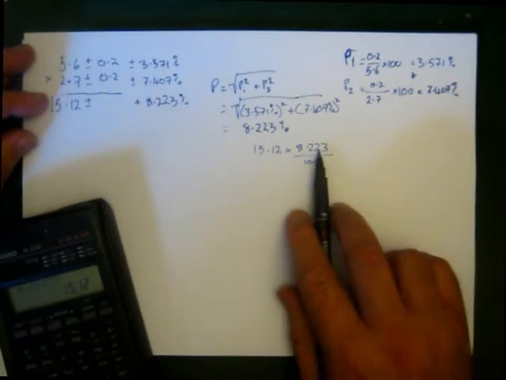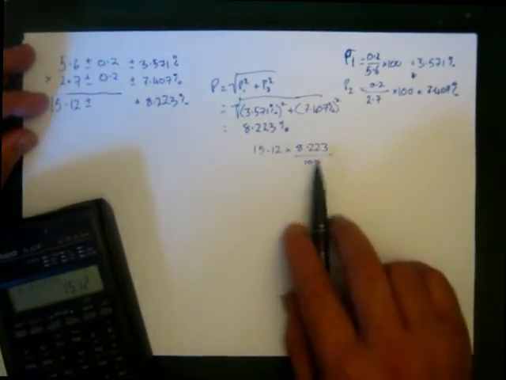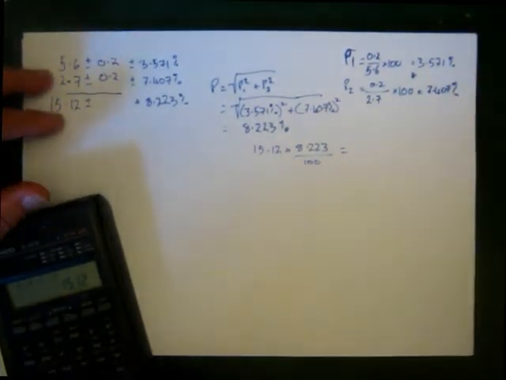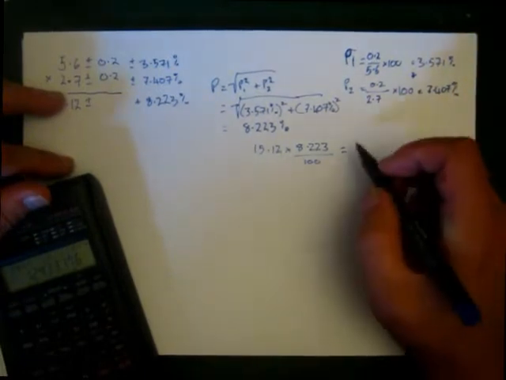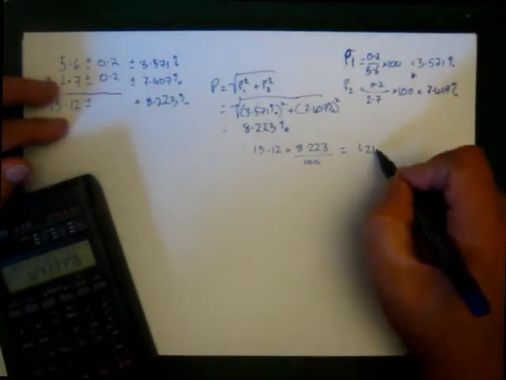After all, that's what percent means. It means this number divided by 100, so times 8.223 divided by 100 equals 1.2433.